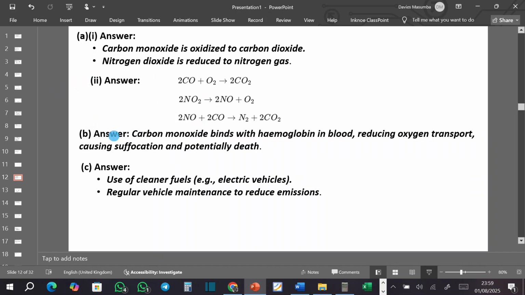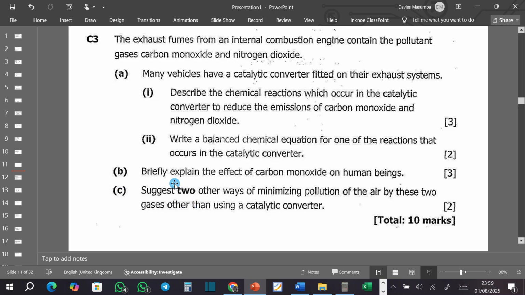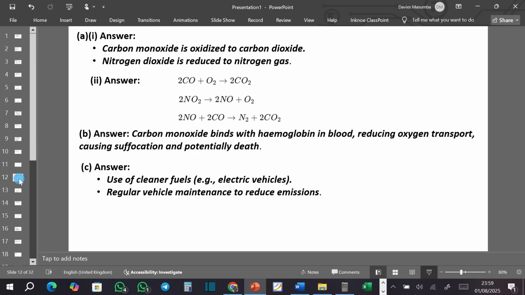So, briefly explain the effect of carbon monoxide on human beings is what we are saying. Carbon monoxide binds with hemoglobin in blood, reducing oxygen transport, causing suffocation and potentially death.